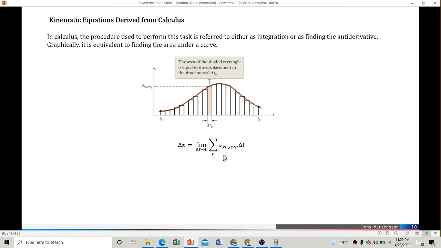So we have vxn times change of t, right? Our velocity is change of x over change of t. So we have summed up the whole, or the total area under this curve.